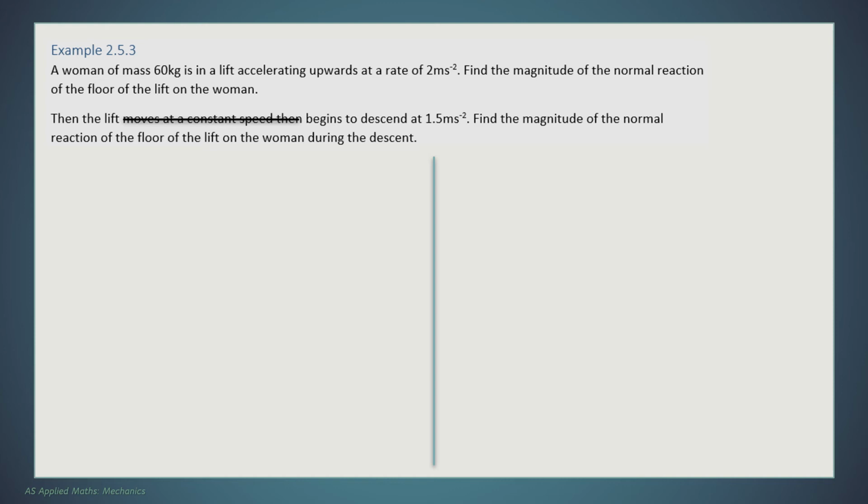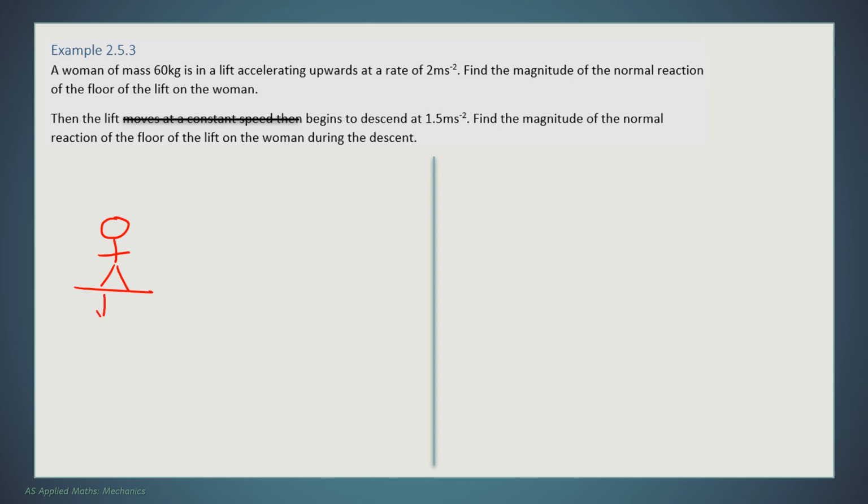That will take a few times reading through. So the normal reaction is that upwards force when we have a particle connected with a surface. So the normal reaction of the floor on the woman is the force exerted by the floor, or by the lift, onto that person. So if we are considering our diagram, I am interested in the person diagram.